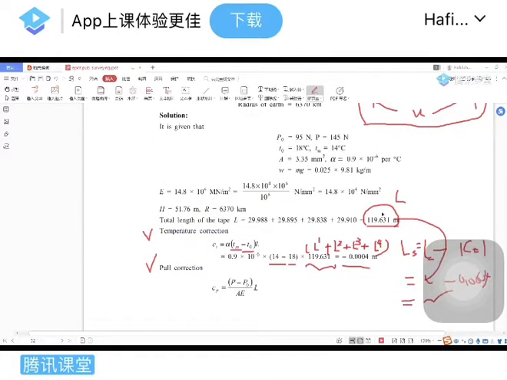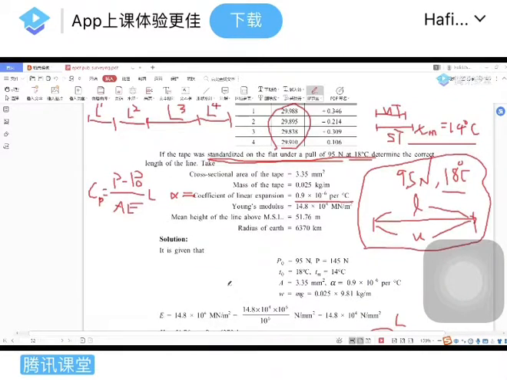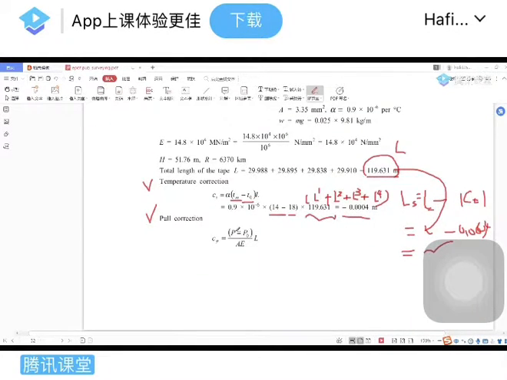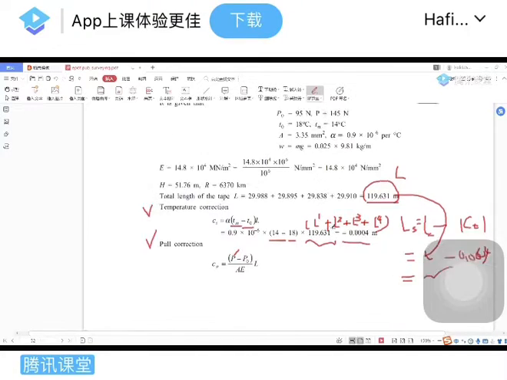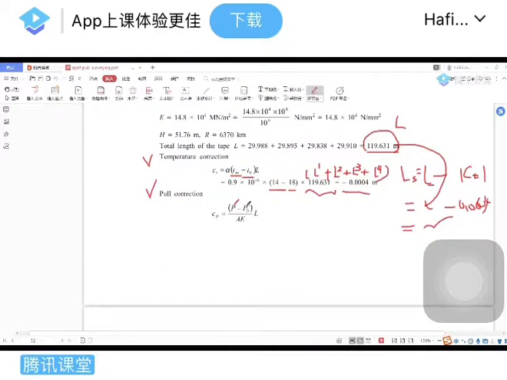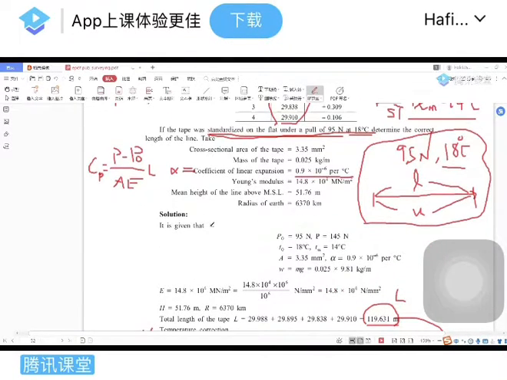So we get L already over here, and P is the force you exert. How much force do you exert now? You exert a lot of force, 145 newtons. So this will be 145. What's the standard Newton force? Standard is 95 newtons. So this is 95 newtons. The cross section area is here.